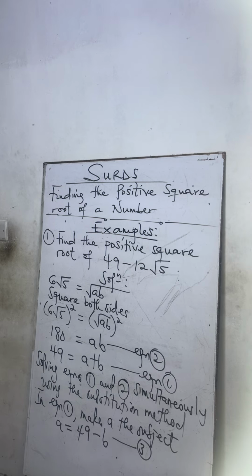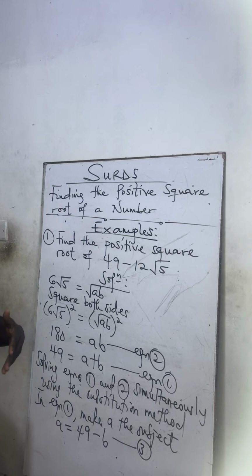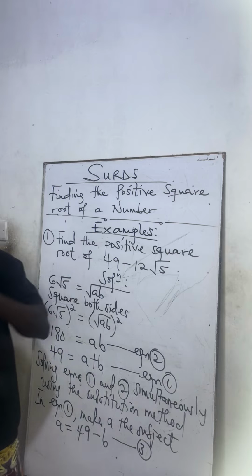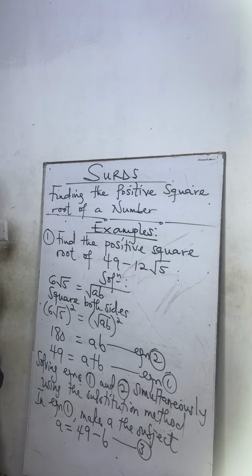Now we are done with equation 1. So what you obtained from equation 1, we send it towards equation 2. So now we substitute equation 3 into equation 2. So let's see how best we can do that.